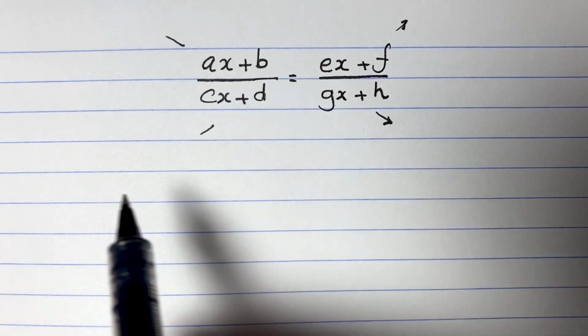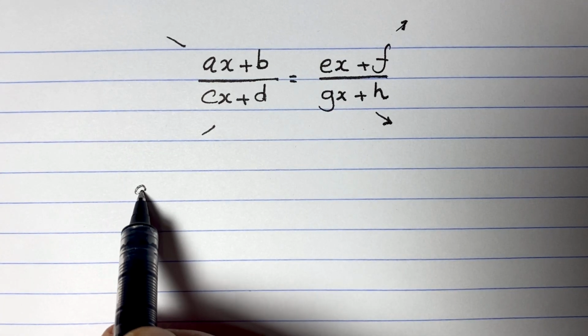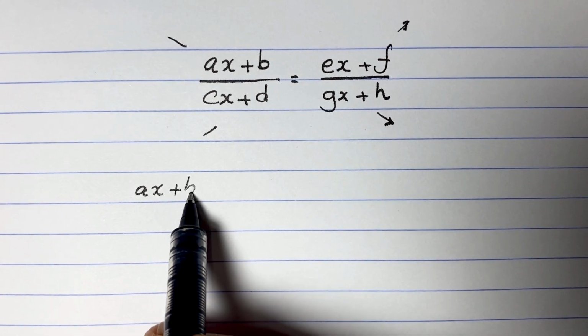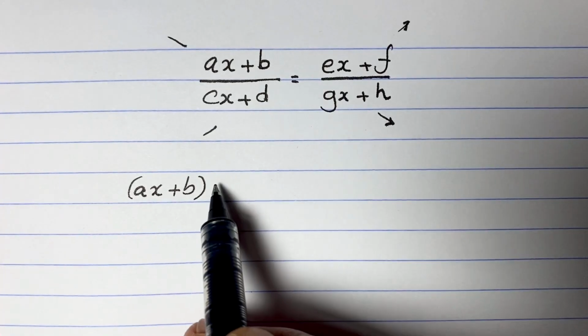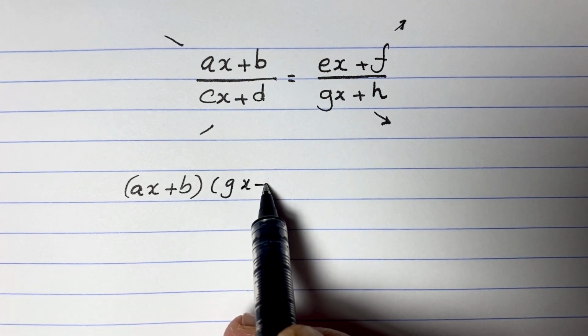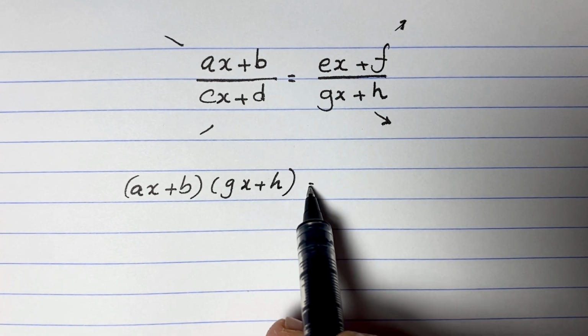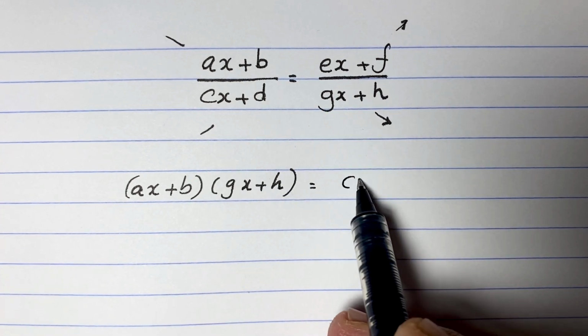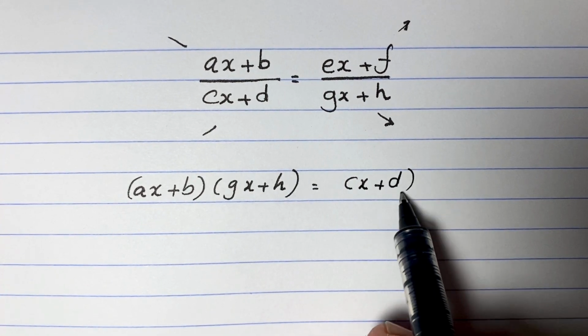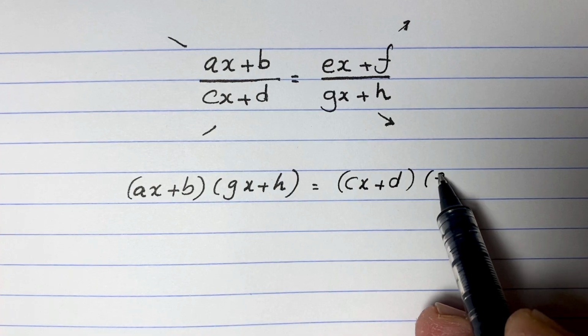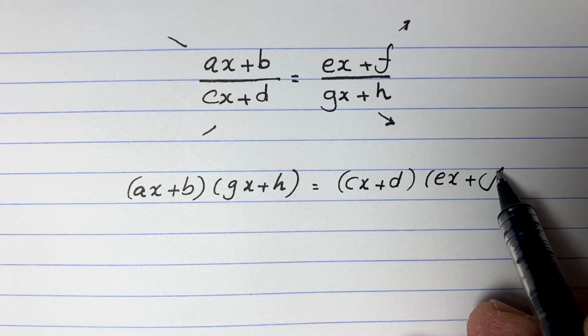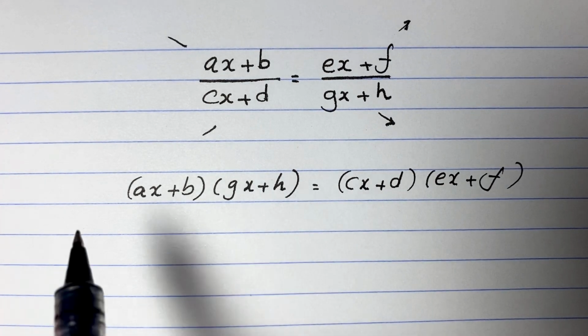So starting with this one, ax plus b times gx plus h equals cx plus d times ex plus f. We need to expand.